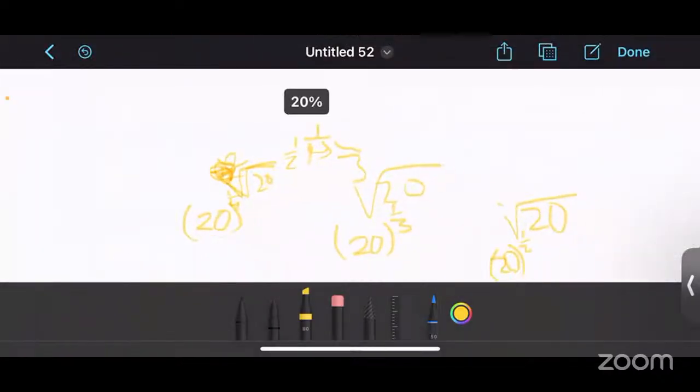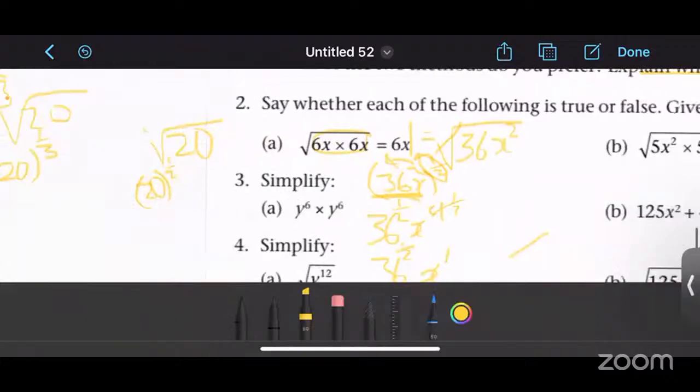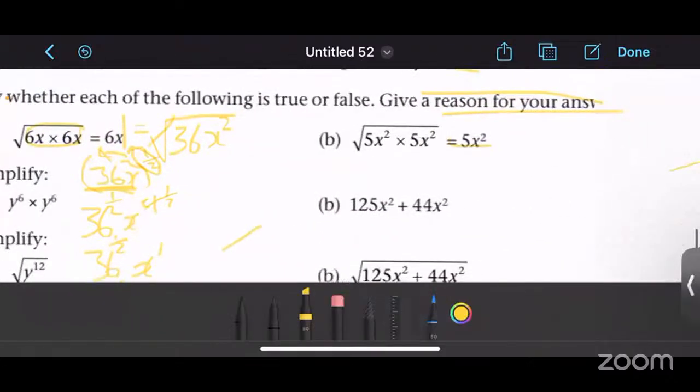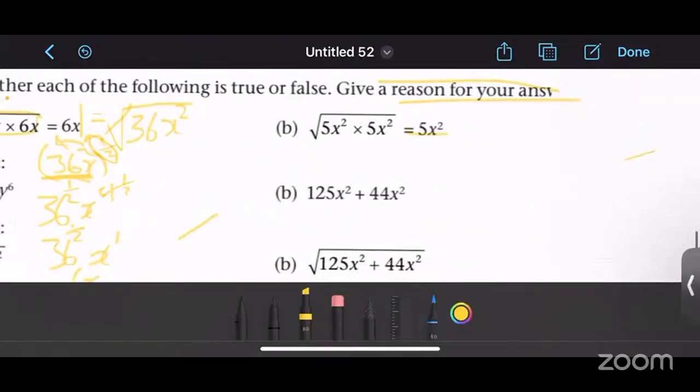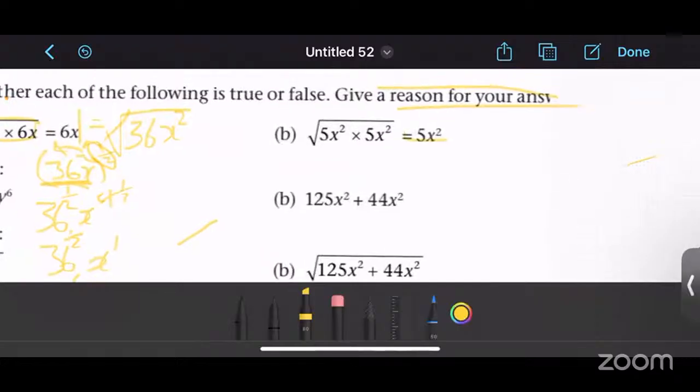Let's see, letter B. Langelihle, is it true or false? And what's the reason?